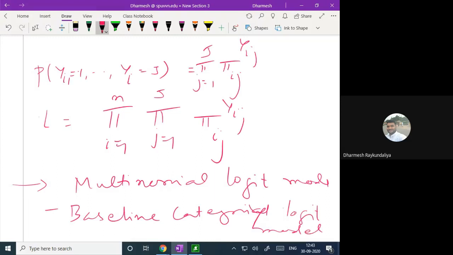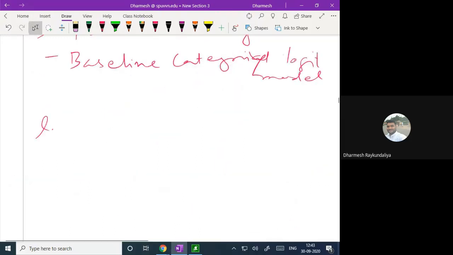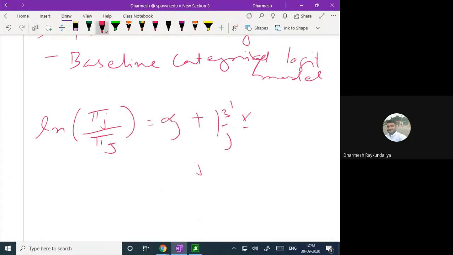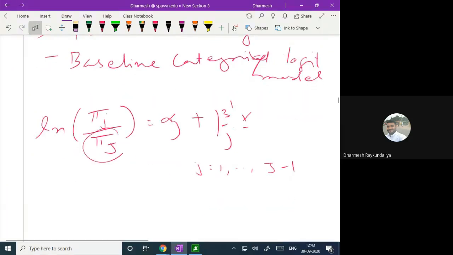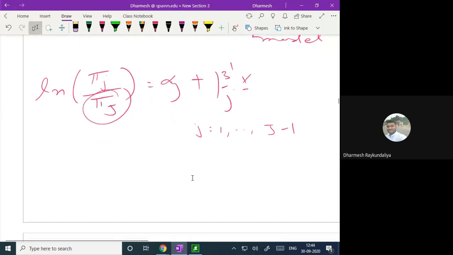That is defined by ln(pi_j upon pi_J) equal to alpha_j plus beta_j' x, with j running from 1 to J minus 1. So how many logit equations are there? You have J minus 1 logistic equations. You have to keep any one of the categories as a reference category. So usually we keep the last category as the reference category.